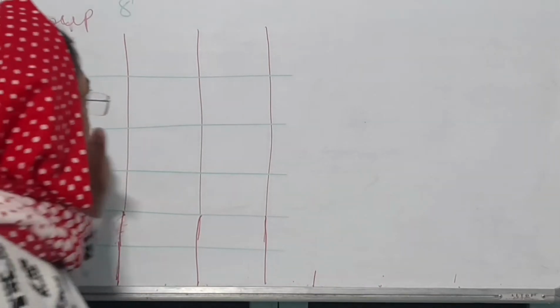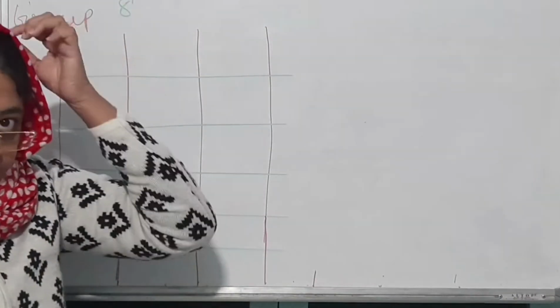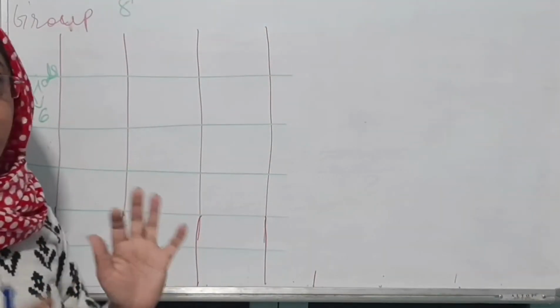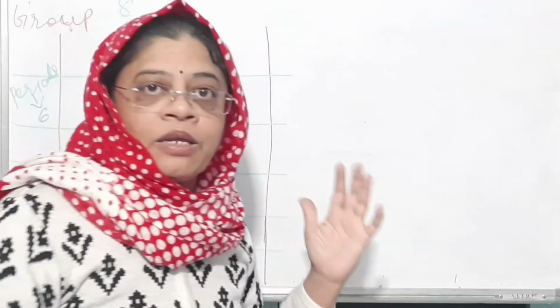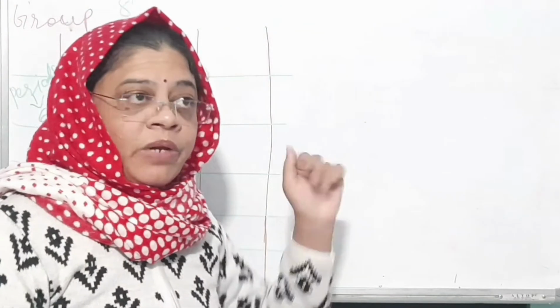Okay. After dividing the whole table into 8 groups and 6 periods, Mendeleev placed all the 63 elements in this table. Now you may be wondering how he placed them.